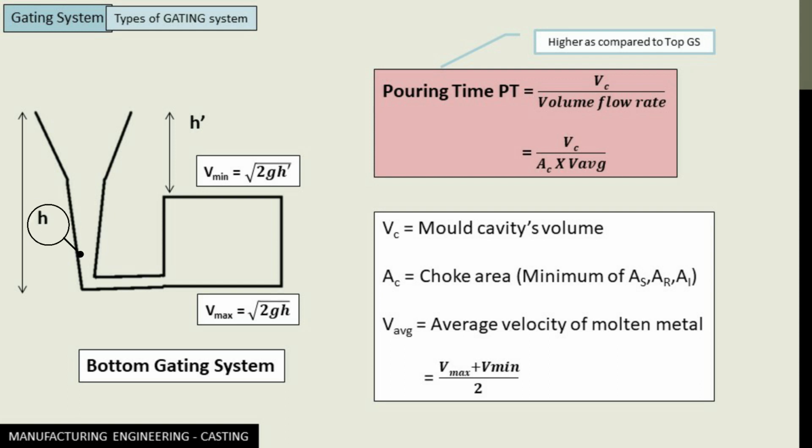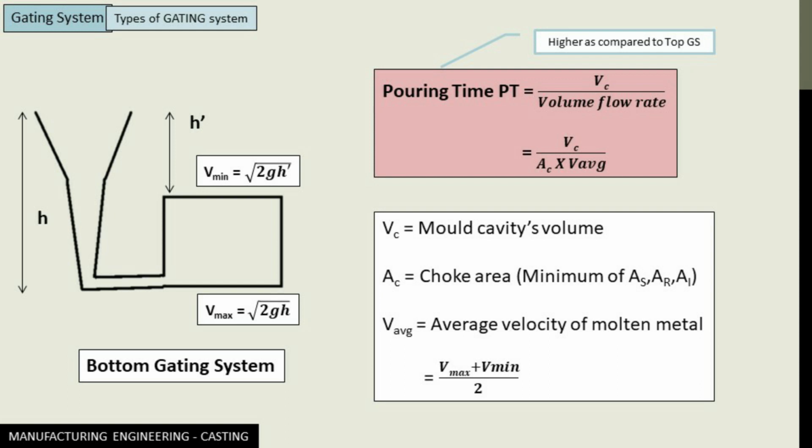Here height h is the height at which the molten metal is maintained in the pouring basin, and h dash is the final height of the molten metal when the cavity is completely filled. V_C remaining the same, that is the mold cavity's volume, and A_C, the choke area, is also the same, that is the minimum of sprue area, runner area, and ingate area.